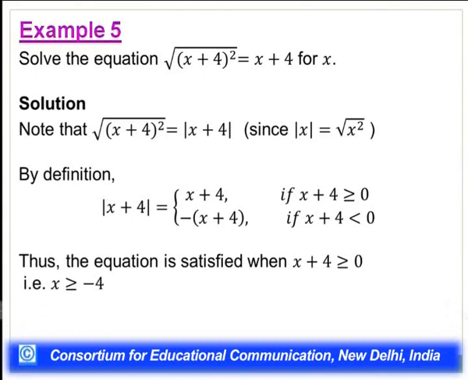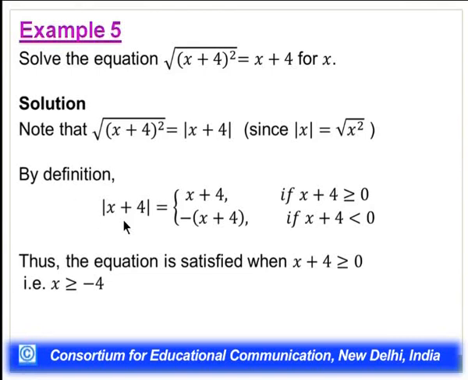Now here if you notice, this is an equation which you can easily solve using the result that I just gave you a few slides before, which is that the square root of x square is mod of x. So I have on the left hand side of this equation square root of x plus 4 the whole square, and by definition this then becomes equal to mod of x plus 4.